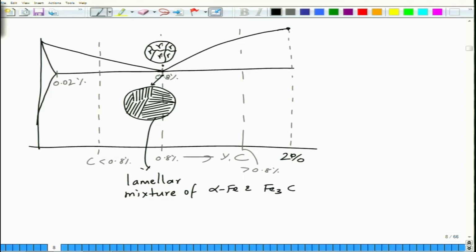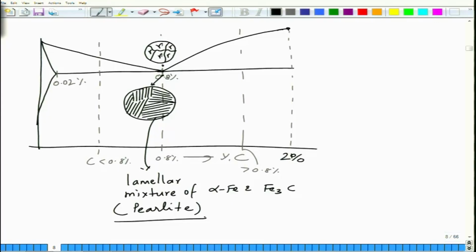Since the carbon is very small, the thickness of alpha Fe plates is much higher as compared to cementite plates, and this mixture is called pearlite.